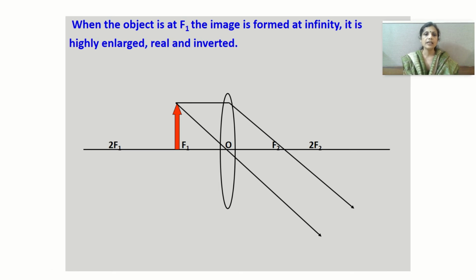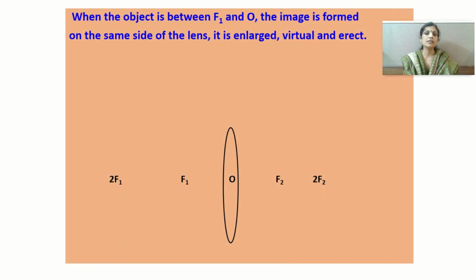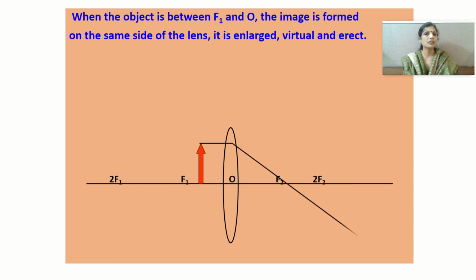Alright. Next is when the object is placed between f1 and the optical center. So here is the place of the object. Our first rule: the ray of light parallel to principal axis, after refraction, passes through focus f2.